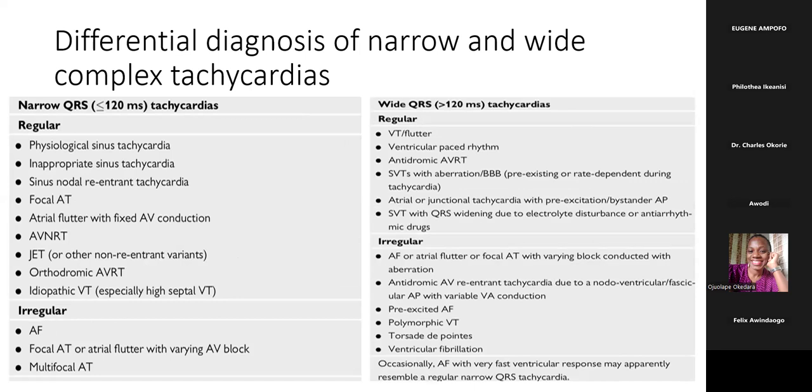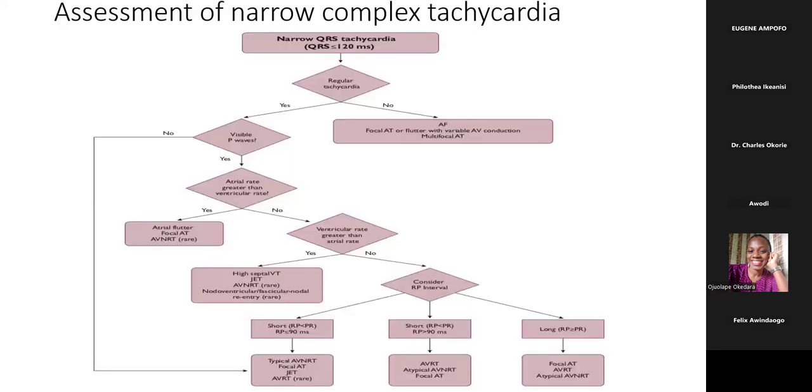Then as a way of assessment of a patient with a narrow complex tachycardia, as also recommended by the ESC guideline, it follows an algorithm where we have a narrow QRS tachycardia, showing that the QRS is less than 120 milliseconds. And if the rhythm is regular, we have a regular tachycardia. Next thing we'll look at is, do we have any visible P wave? If there are no visible P waves, we think of a typical AVNRT or focal tachycardia.